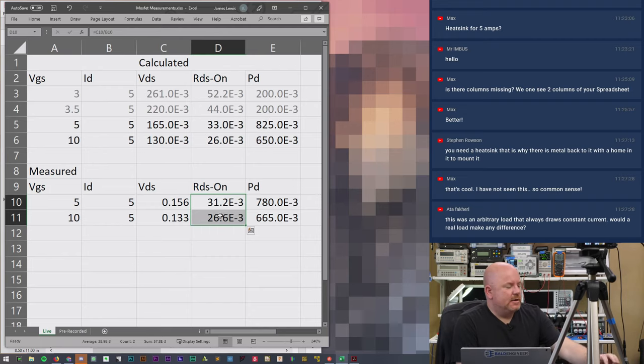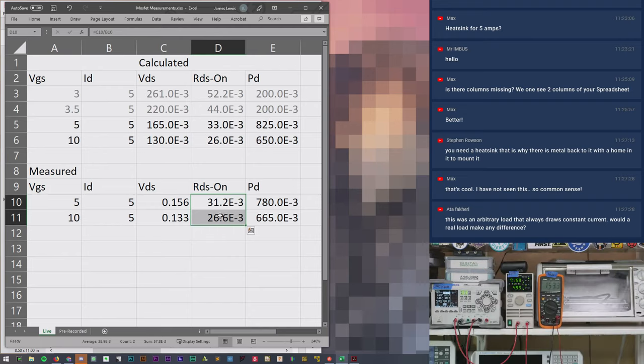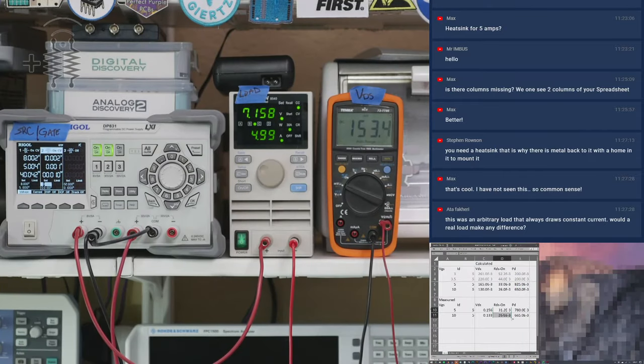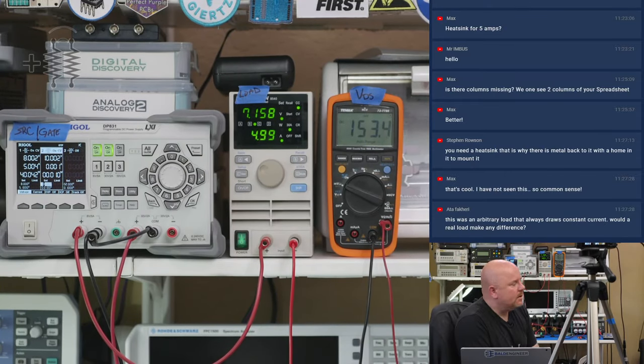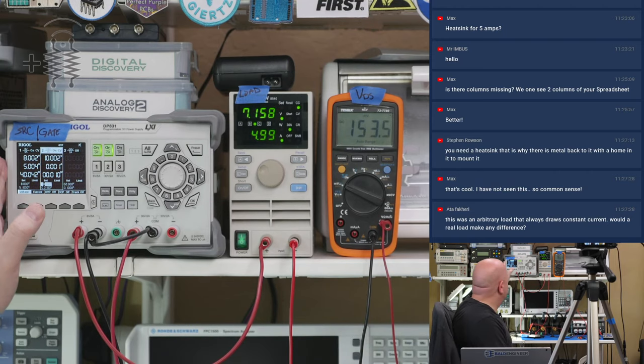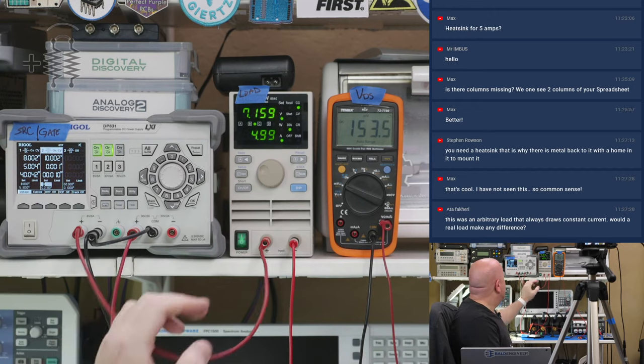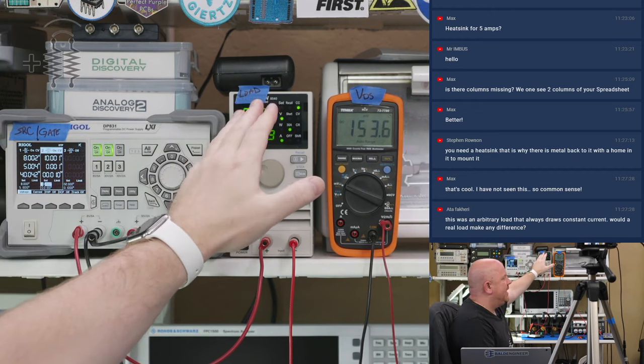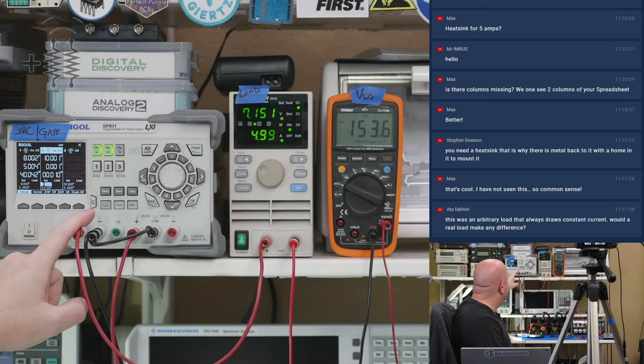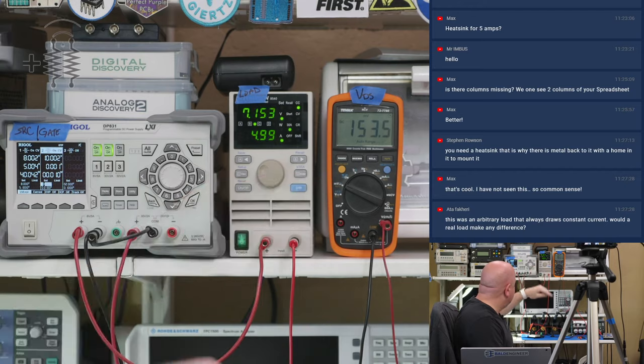Okay, check this out. Let's come over here. Right now, my drain voltage is set to 8 volts. And the load, remember, is connected directly to the output of the supply, and then this side goes to the drain of the transistor.